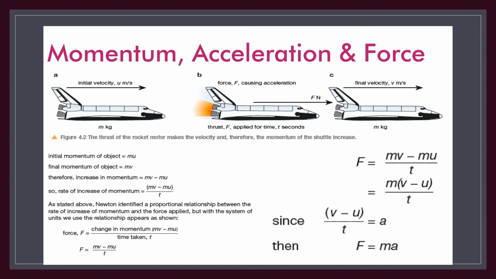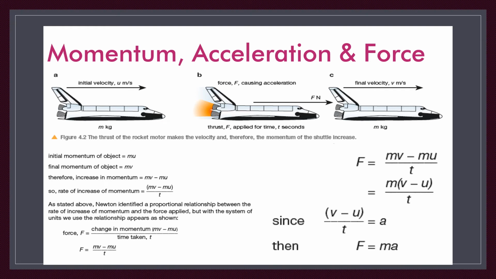Now we will look at the relationship between momentum, acceleration and force. The momentum of a moving object can be taken from the multiplication of the mass by its velocity. If we need to speed up this object, we have to apply a force that causes an acceleration.